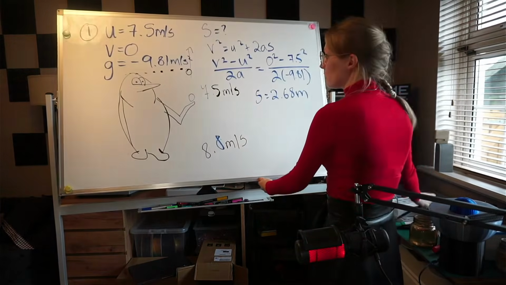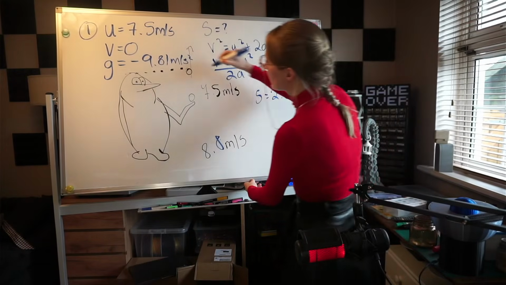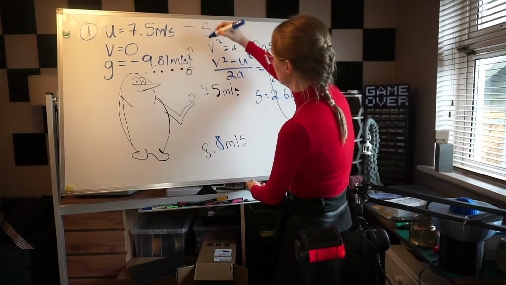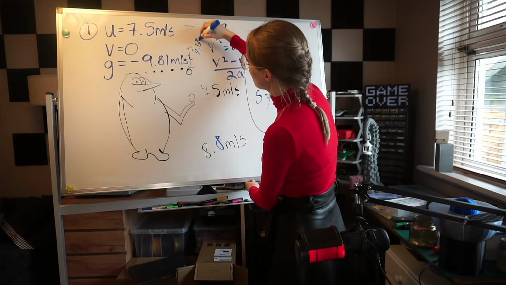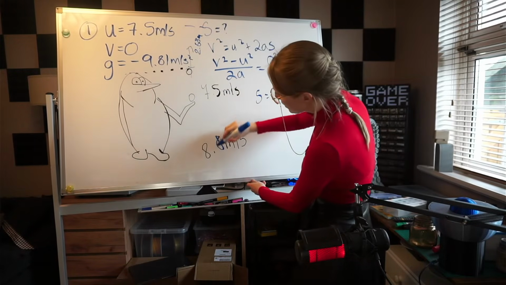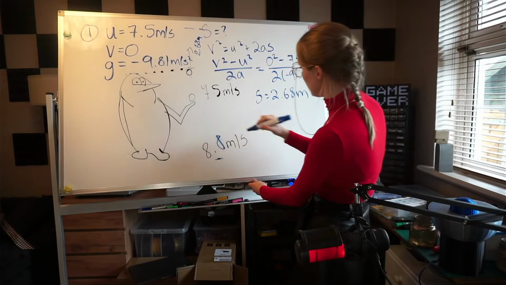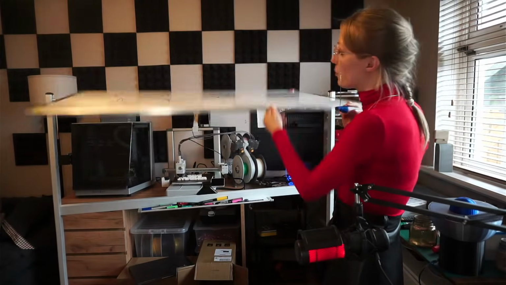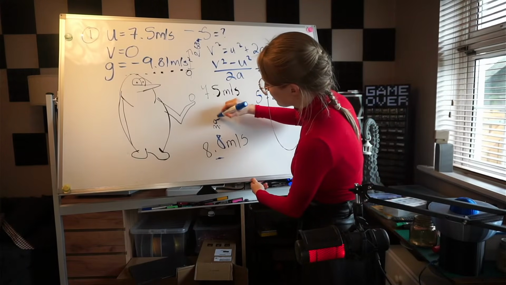From here to here is 2.68 meters. From here to here is 3.95 meters.